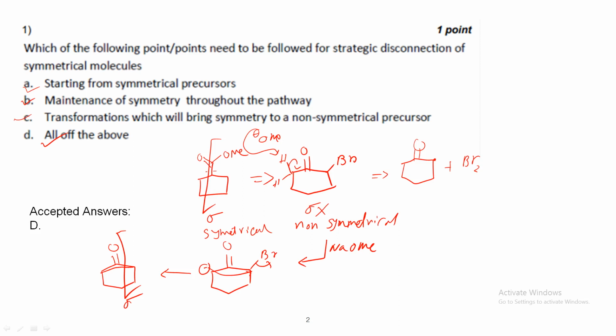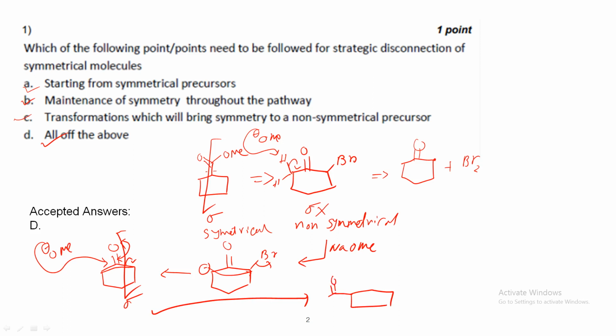So that's how this particular point C is very much useful for this kind of disconnection approach, and we need to remember that. Now we all know how the further steps go. A second equivalent of methoxide can attack this, followed by opening of one of the bonds, because they are strained ones, which would ultimately lead to formation of this 5-member ring.